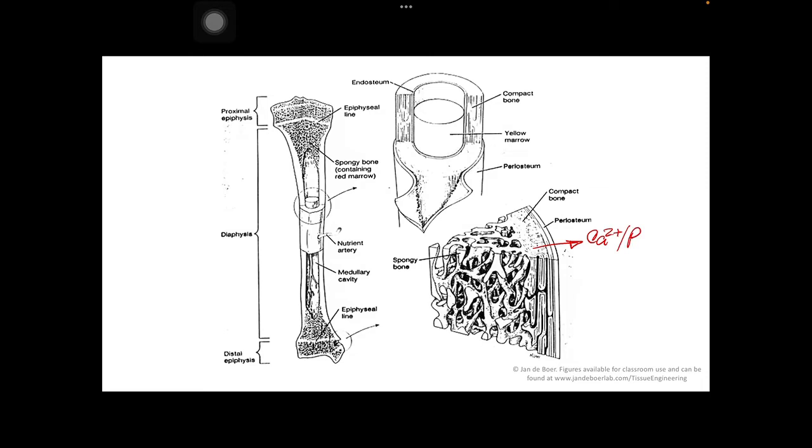Just like in the case of cartilage, which is an important reservoir of water molecules. And why is that important? Because, as we said, glycosaminoglycans, which are a very important part of the extracellular matrix of cartilage, are sulfated structures.